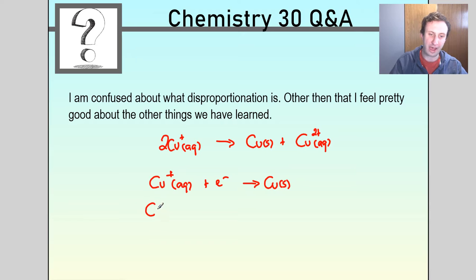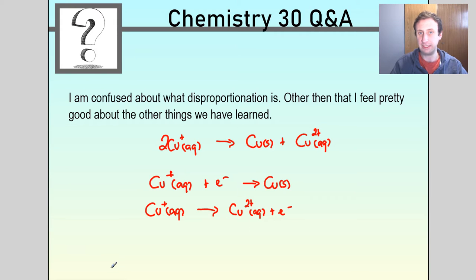And then I also have the oxidation of the copper 1 ion, so Cu positive aqueous reacts to make copper 2 positive aqueous and an electron. So both the OA, because this is getting reduced, and the RA, because this is getting oxidized, is copper 1. So this is a disproportionation reaction.